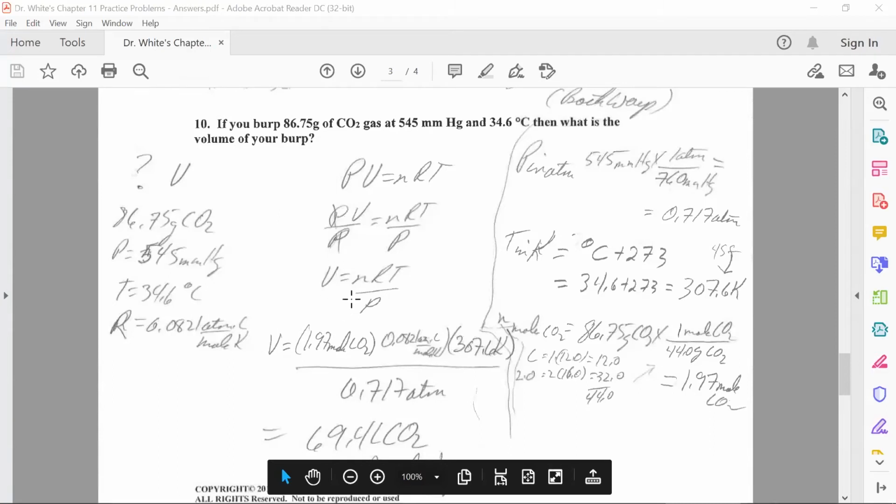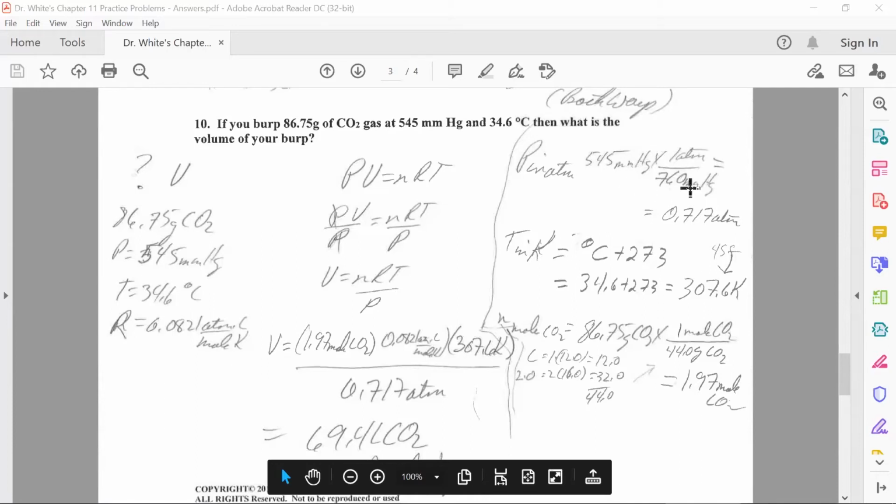Now, once you have V equals nRT over P, students will put the pressure in as is. No, pressure has to be in atmospheres in PV equal nRT. So I have to convert millimeters of mercury to atmospheres. Use your good buddy, your good friend, unit analysis. Atmospheres go on top of the ratio, millimeters go underneath.